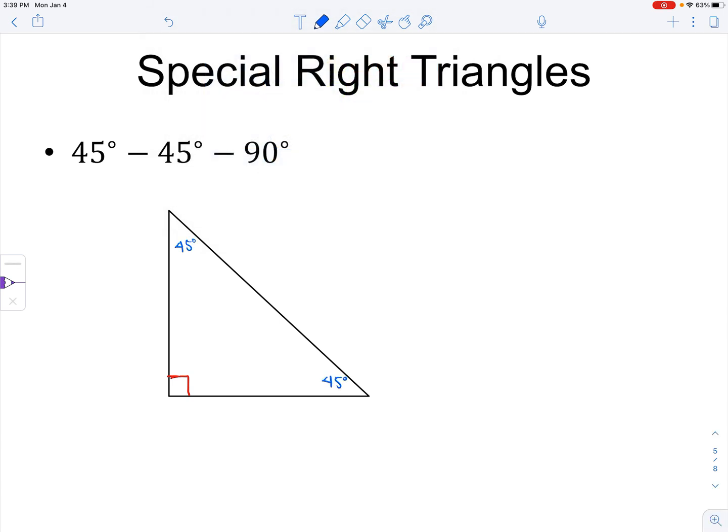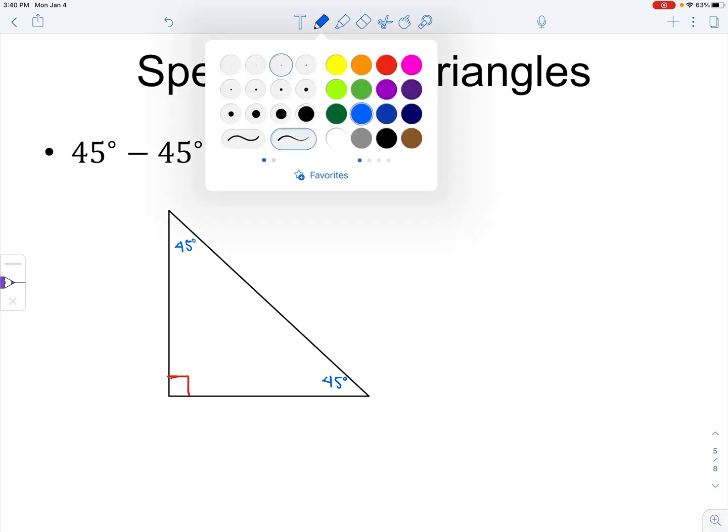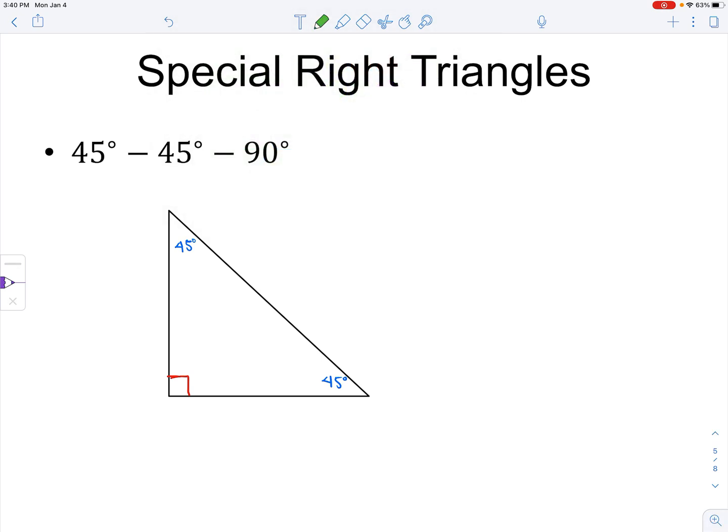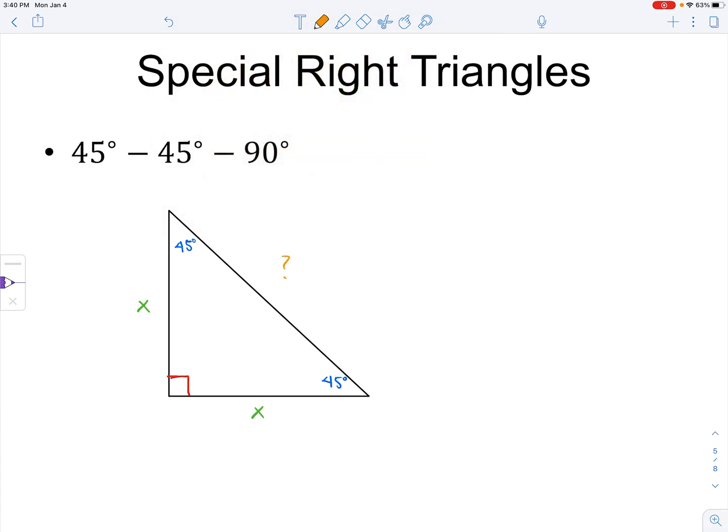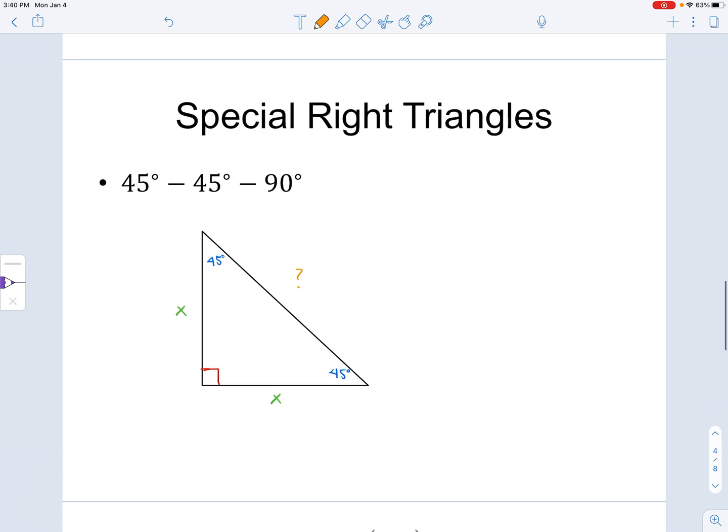And then these other two angles, which remember have to be complementary angles, they have to add up to 90 degrees, would each be 45 degrees. And the legs would have to be equal in length, right? Because they're opposite the same angles. And we want to figure out what the hypotenuse would be.